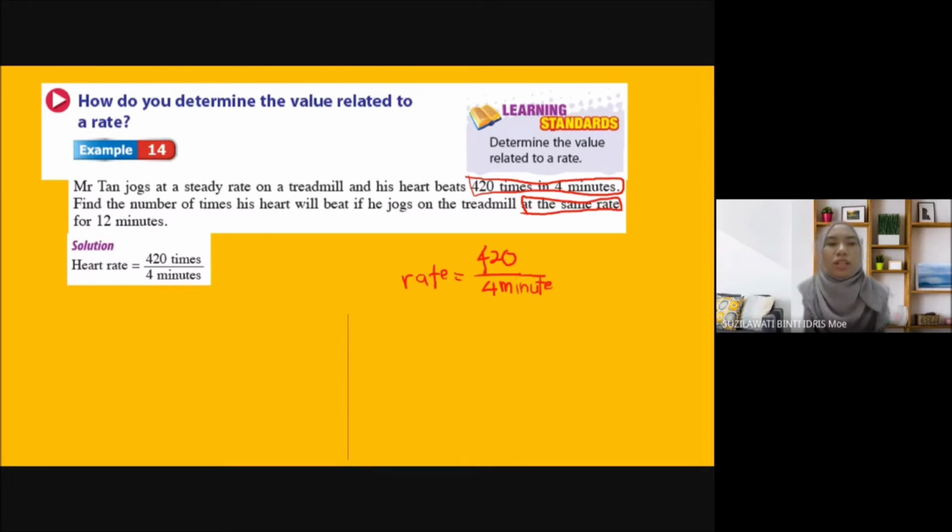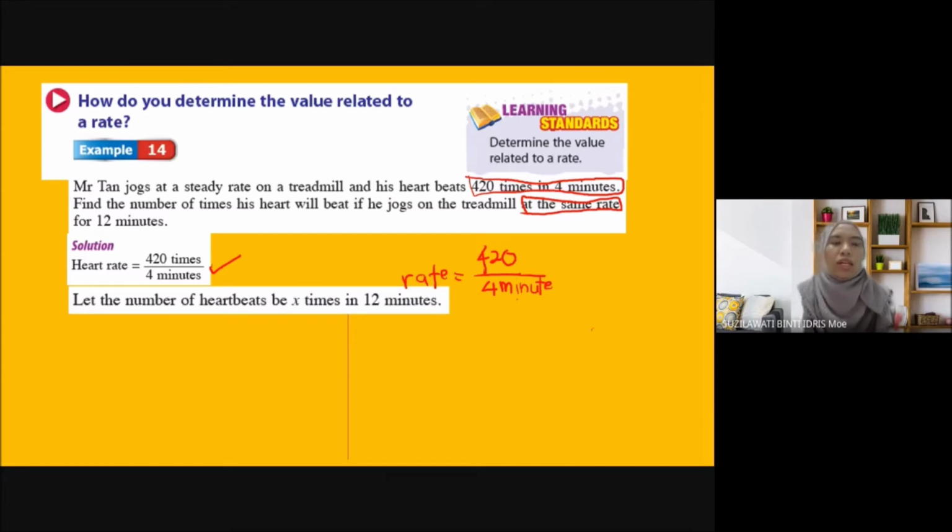First we write the heart rate, just like what I wrote previously. After we write the heart rate is the information contained in the question. Let the number of heartbeats be x times in 12 minutes.